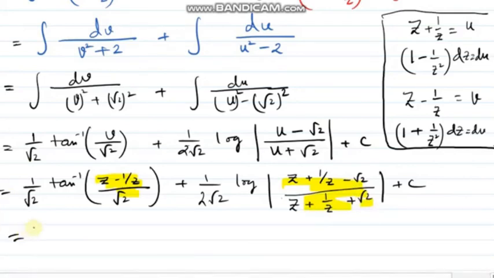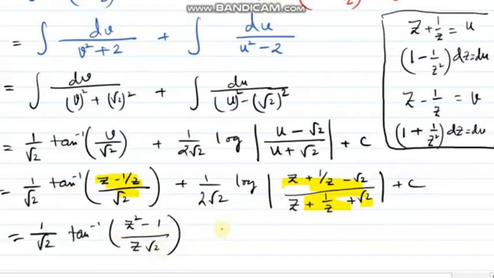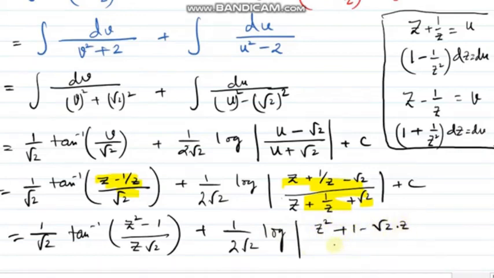What is going to happen? Just check. 1 divided by root 2 tan inverse of z square minus 1 divided by z root 2, plus 1 divided by 2 root 2 log of z square plus 1 minus root 2 into z, divided by z square plus 1 plus root 2 into z.